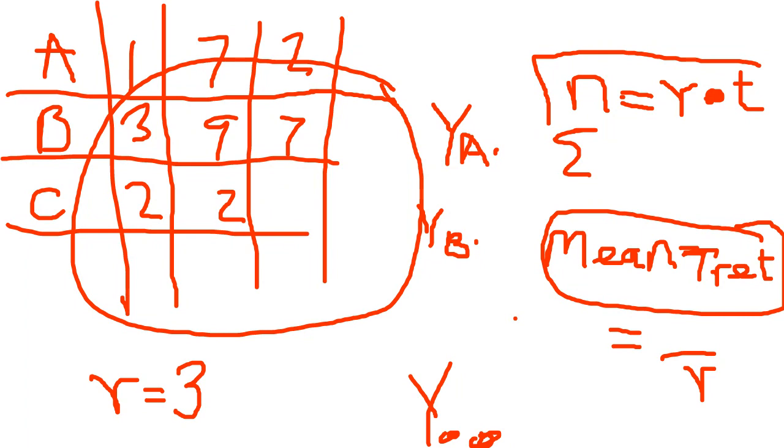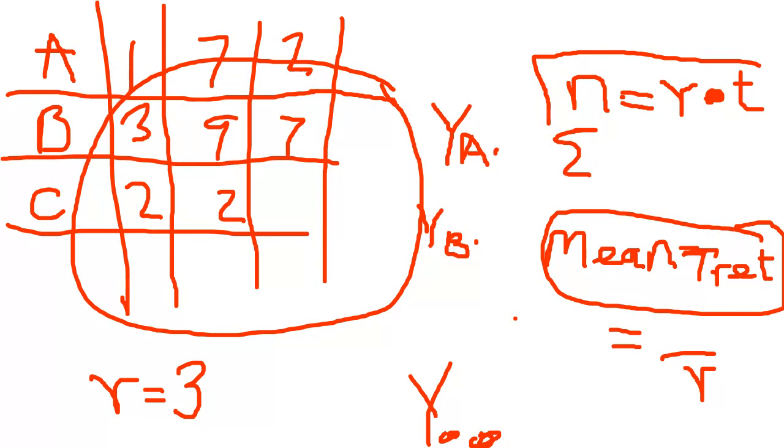No. Why? Because at C we have 2. It means when we want to do some calculations, we cannot divide by the same number of replications. When we get to C, we have to divide by 2.